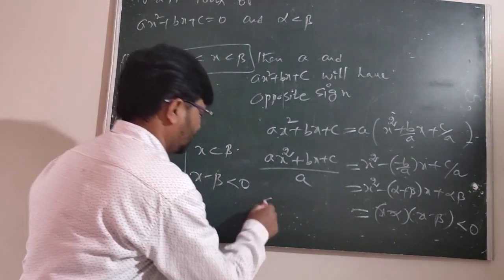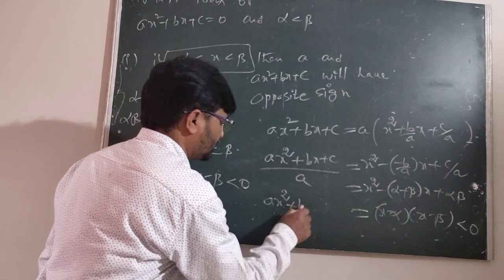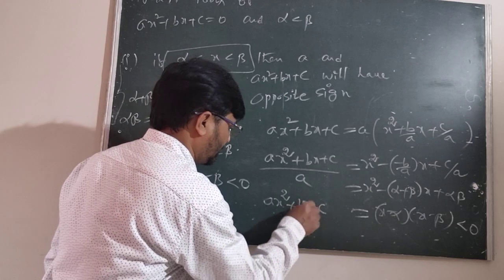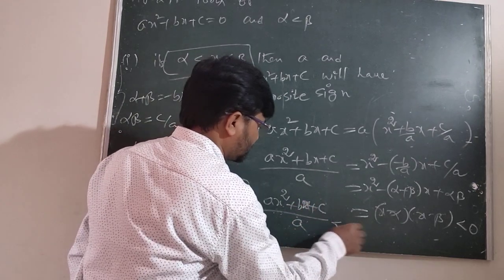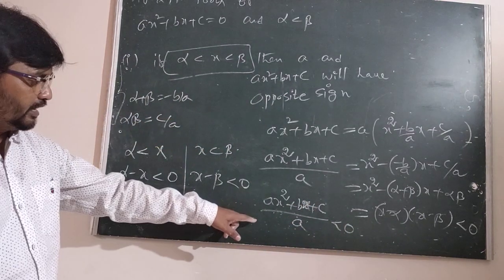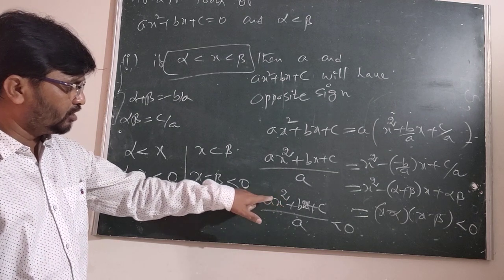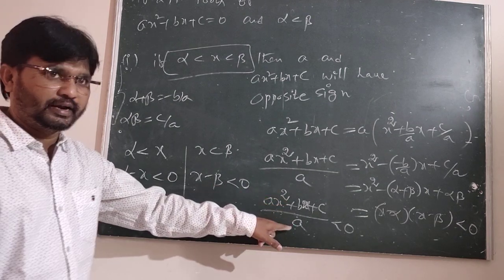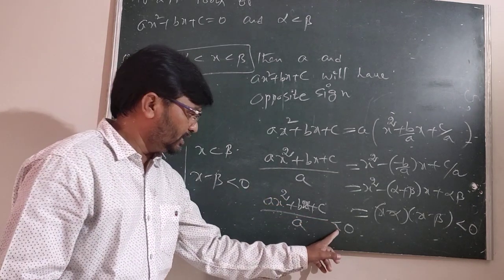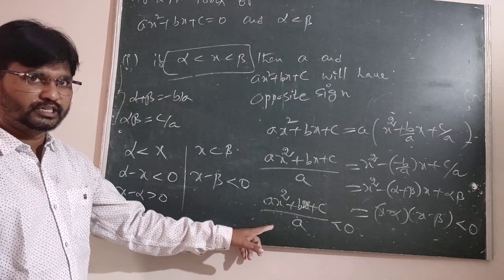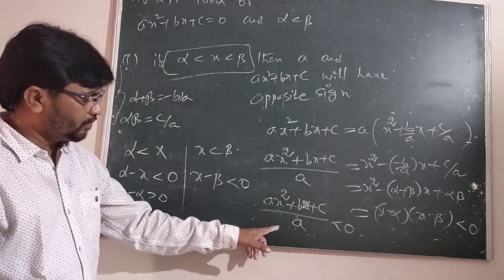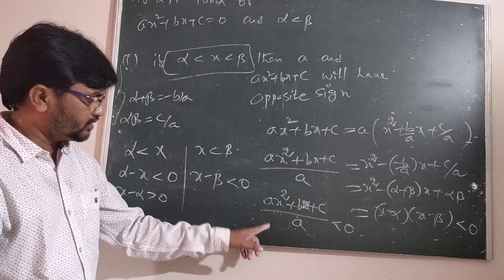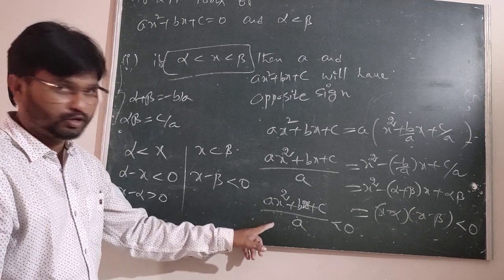Now we can write ax square plus bx plus c whole by a is less than 0. What we observe here is that the value of the numerator and the denominator have opposite signs. This is a plus, this is a minus. Plus by minus is minus. Also minus by plus is also minus.